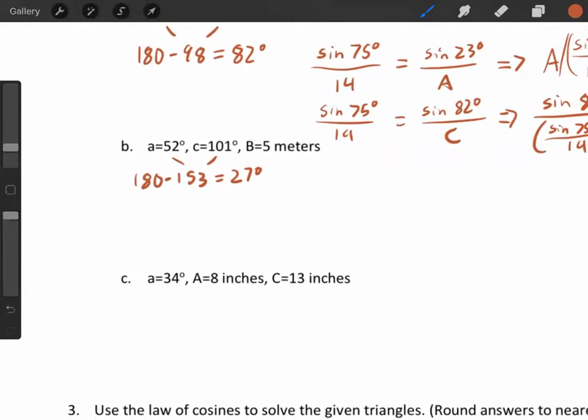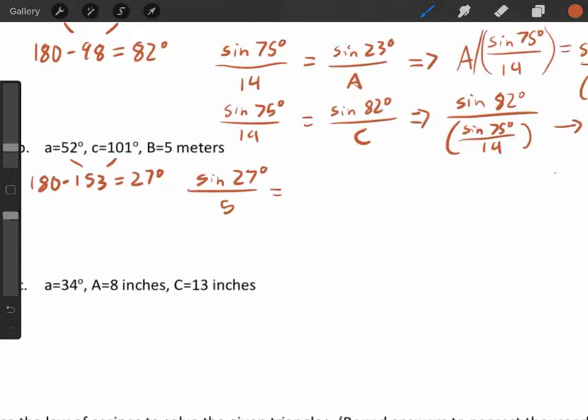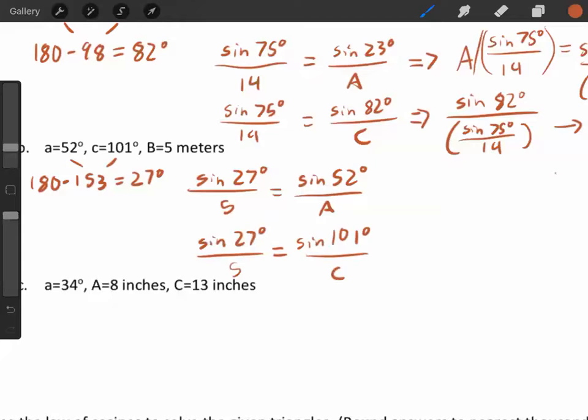So we have sine 27 degrees over 5 is equal to sine of 52 degrees over a, and is also equal to sine of 101 over c. And this is a degree symbol, not an extra zero.